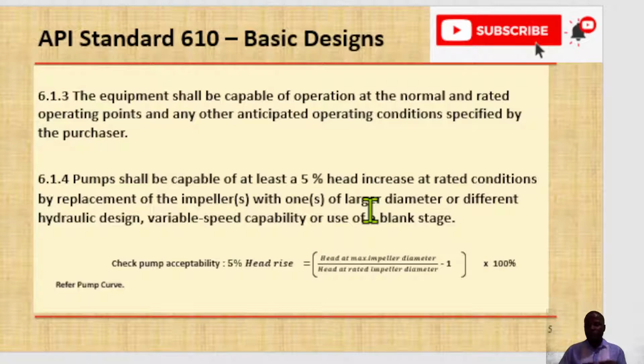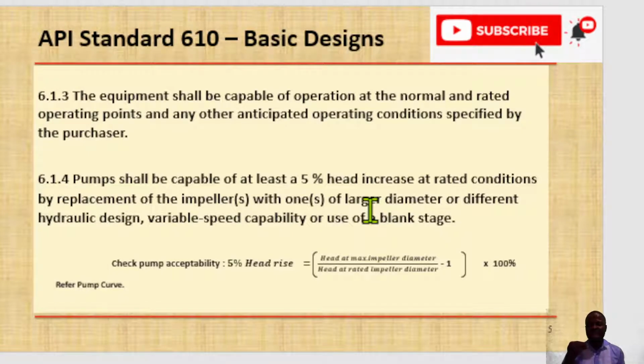So now your pump that the particular vendor is supplying to your plant is expected as per API 610 to be capable of at least a 5% head increase at rated conditions by replacement of the impellers with one of larger diameter or different hydraulic design.